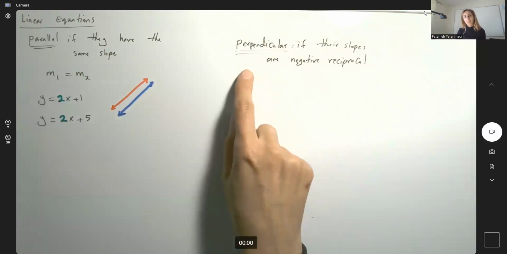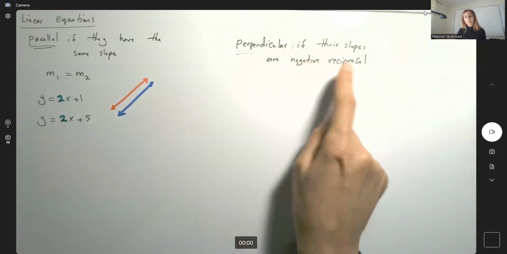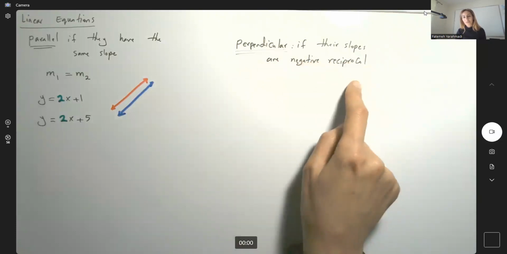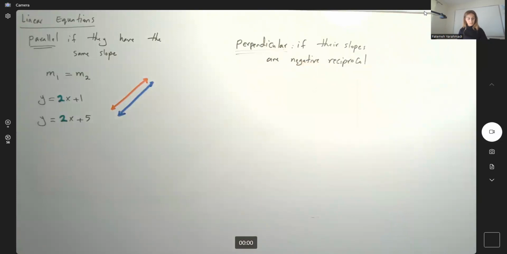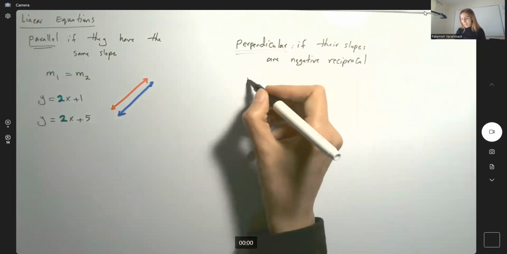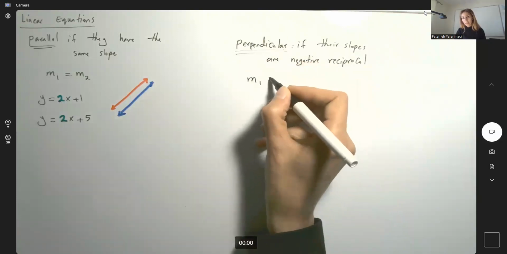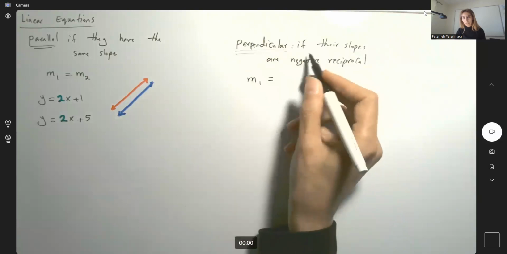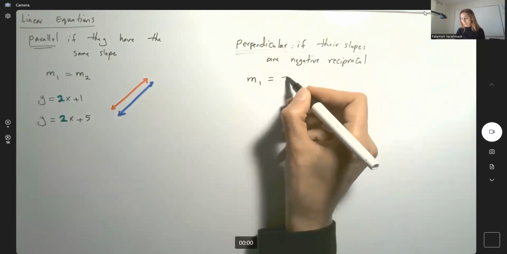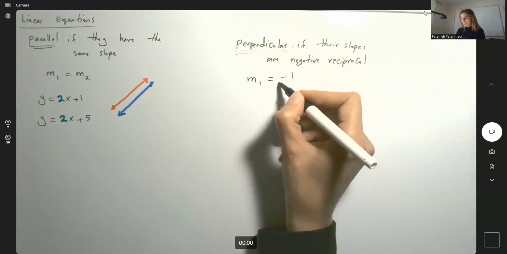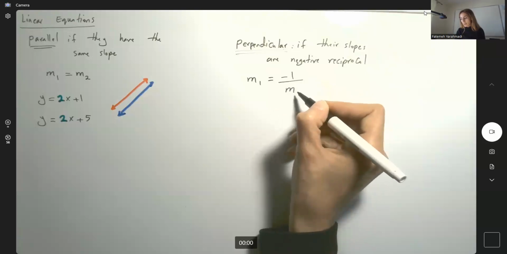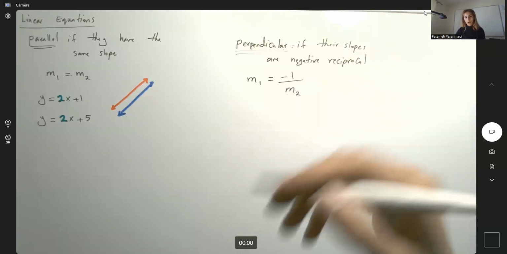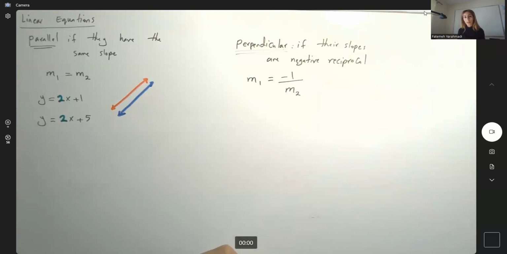When you're talking about perpendicular lines, their slopes are negative reciprocal of each other. It means that M1 is equal to negative 1 divided by M2. The reciprocal means that you have to flip the second number.